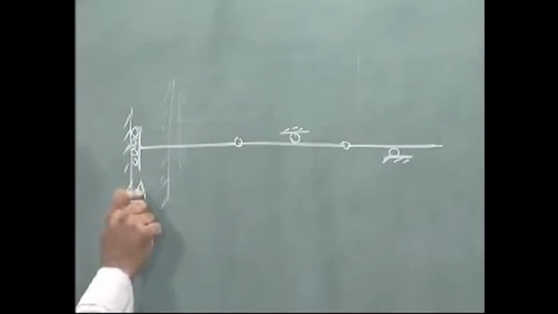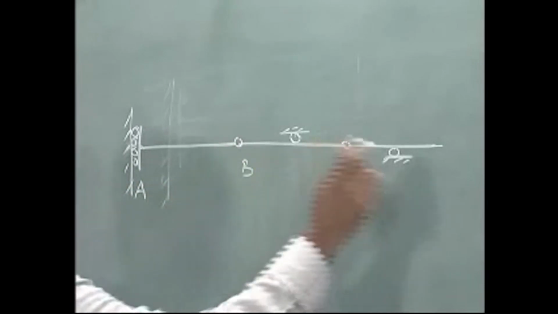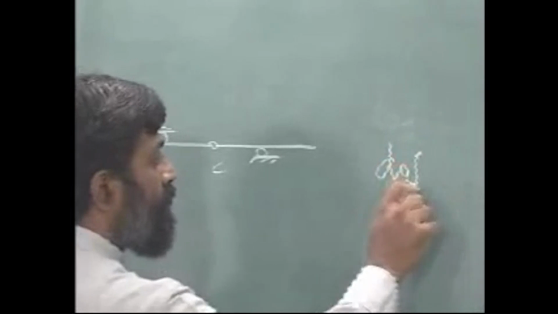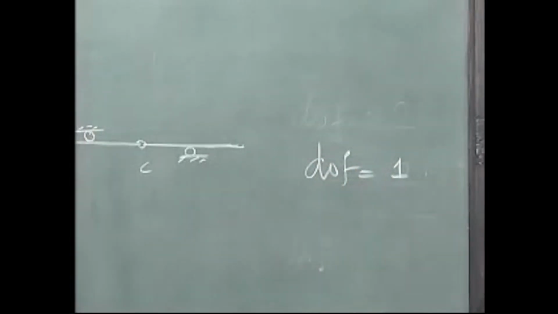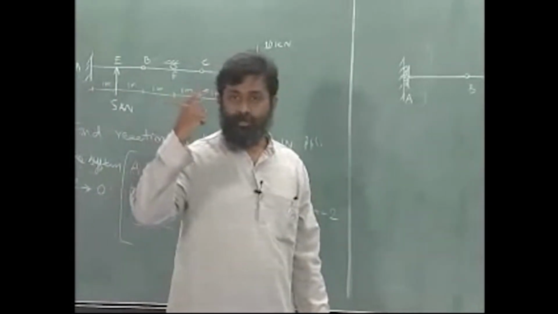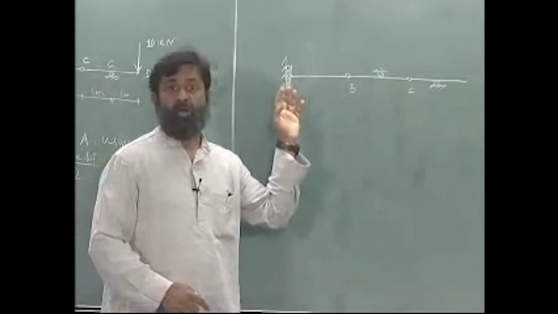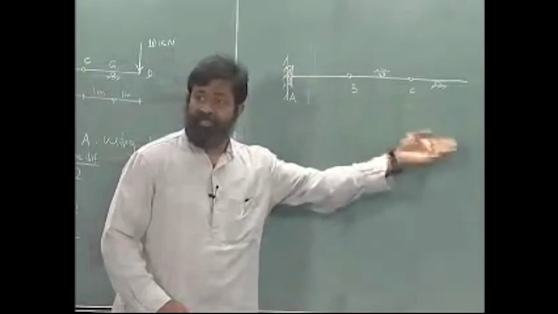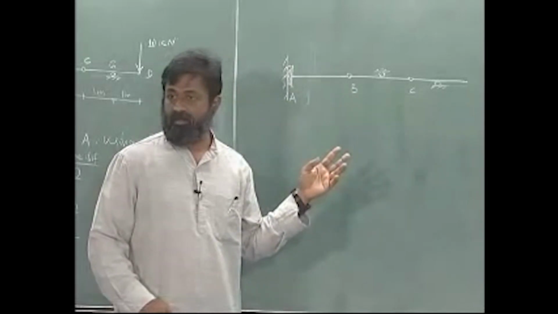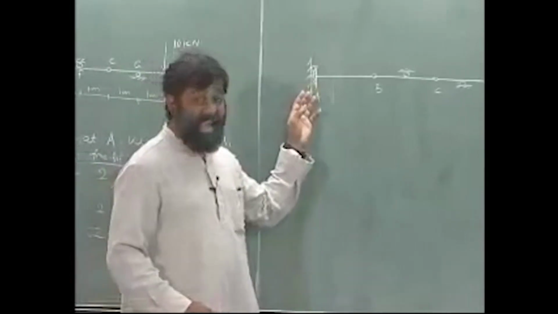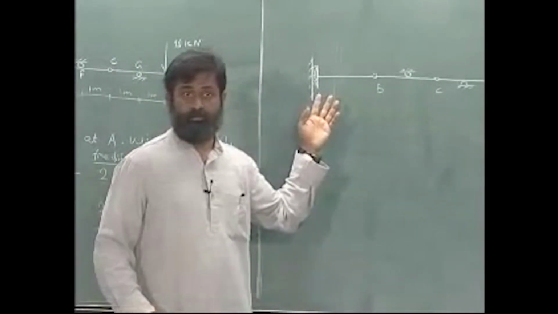This is at A. Okay. How many degrees of freedom does it have? DOF equals 1, which means if I specify one displacement, vertical displacement or rotation at any one of these points, I can find out the virtual displacement at any other point, okay.